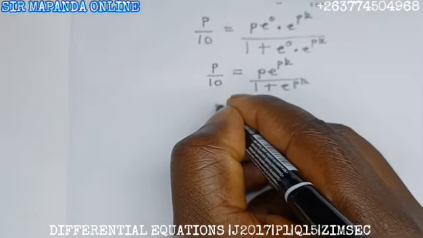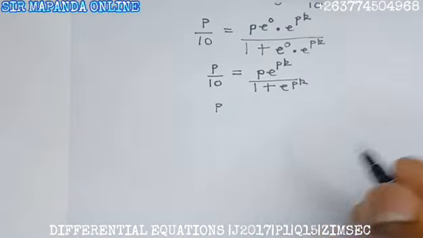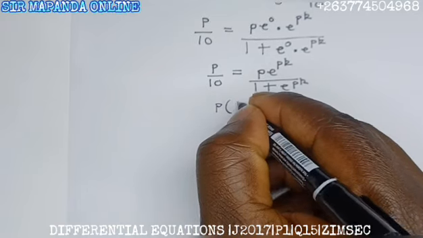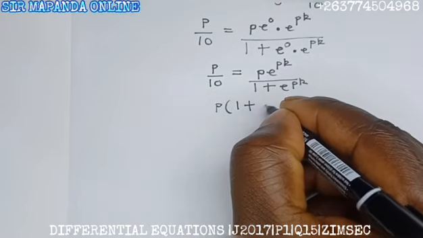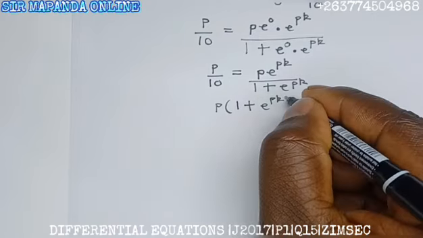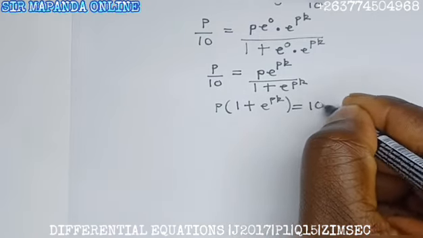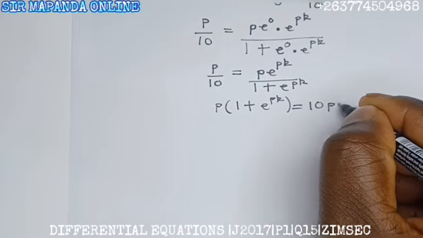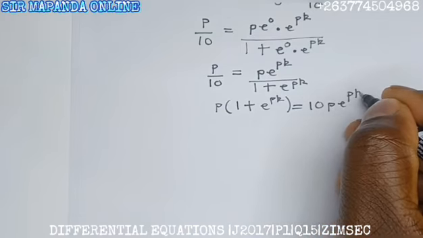You have p open bracket 1 plus e to the power of pk is equal to 10 p e to the power of pk.